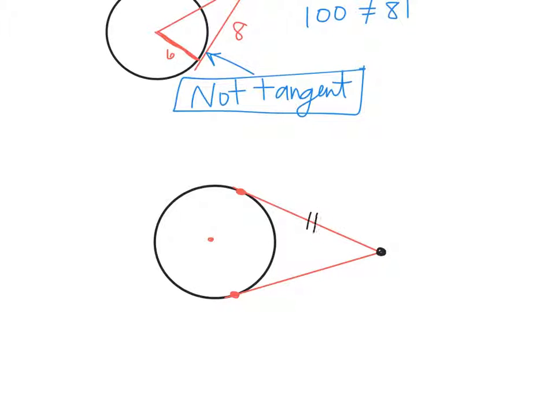So we're saying right now that those two segments are congruent. Okay, so if this is A, B, and C, for instance, we would say that AB is congruent to BC because they are both tangent to the circle, okay?